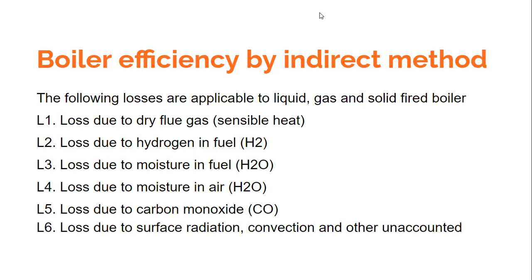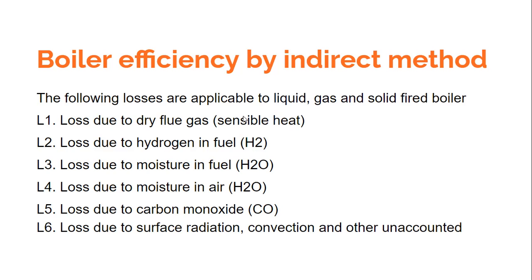So these are known as products of combustion. These products of combustion are let out at a temperature which is much higher than the atmospheric temperature. And because the hot flue gases are being released to the atmosphere, they would carry away certain heat, and that heat is the sensible heat. So this is the loss. The heat which is lost by the hot flue gases is the loss.